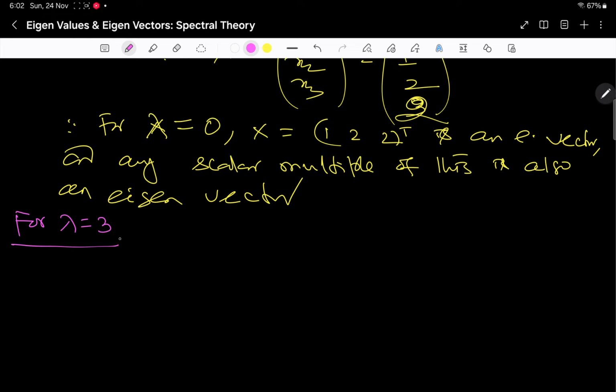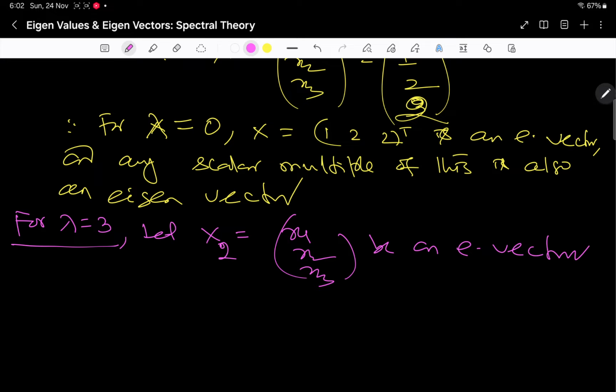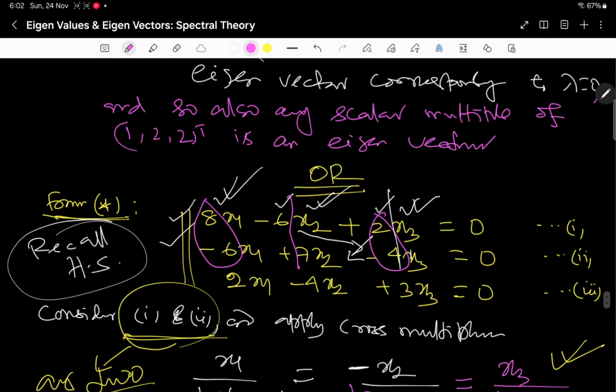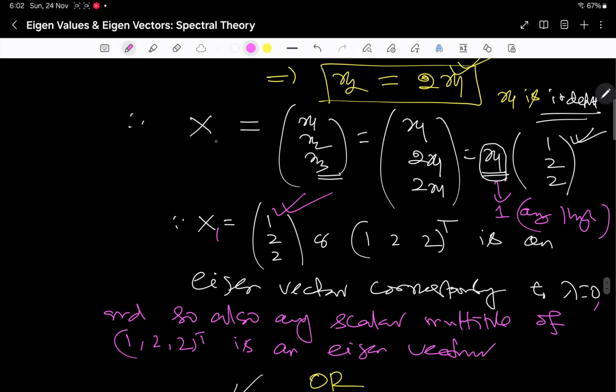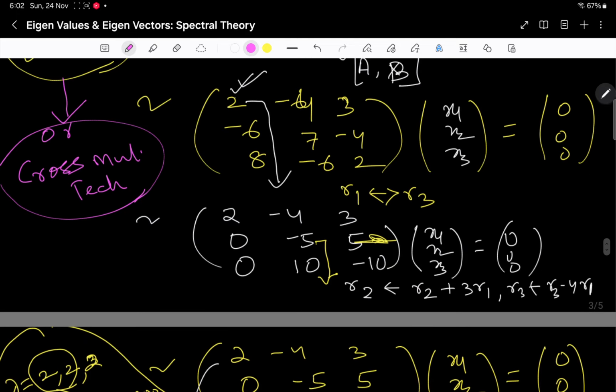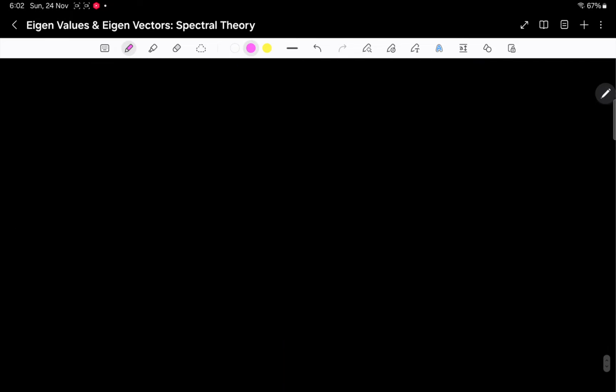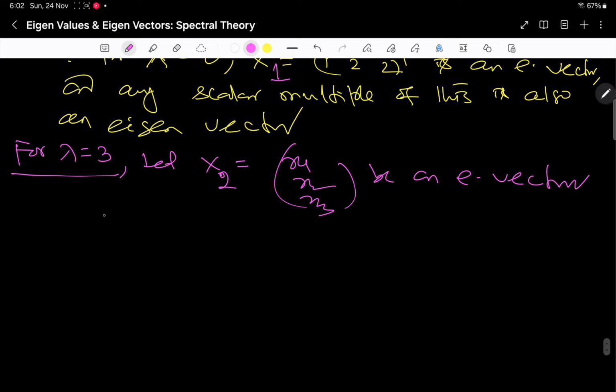Similarly for lambda equal to 3, let x = (x1, x2, x3) be an eigenvector, such that (A minus 3I) x = 0.